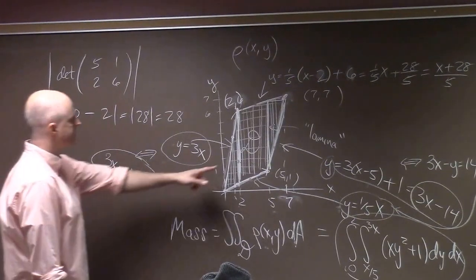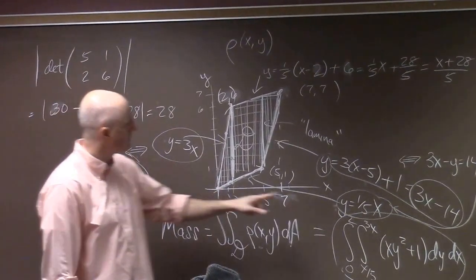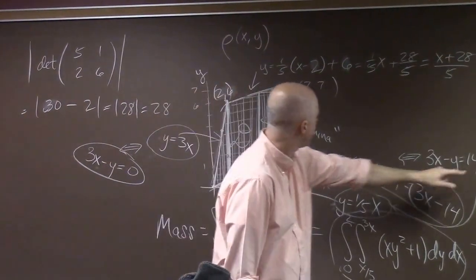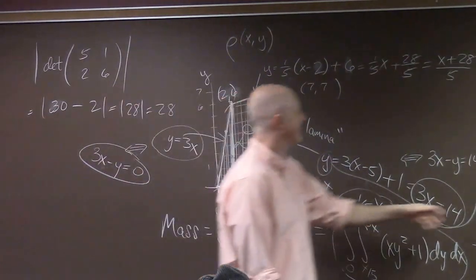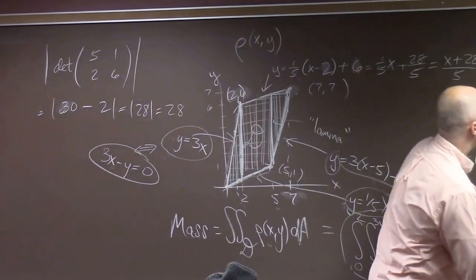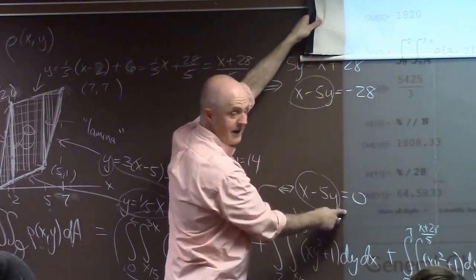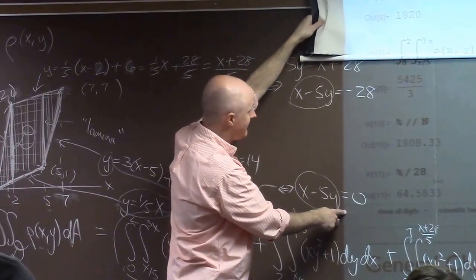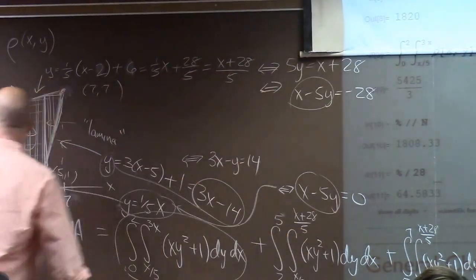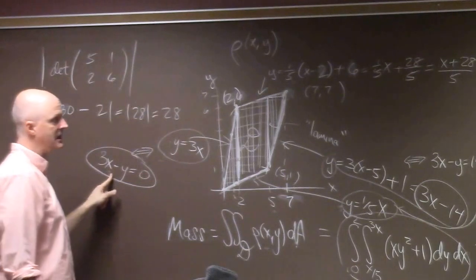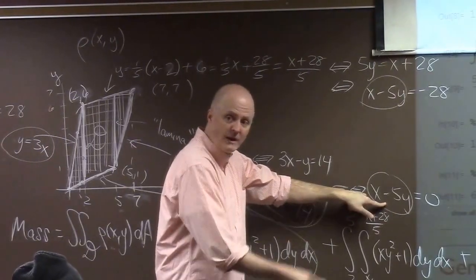Based on the nature of this parallelogram, how we described it as 3x minus y going between 0 and 14, and x minus 5y going between negative 28 and 0, that gives me a hint that probably u should equal 3x minus y, and v should equal x minus 5y, so that u and v go between constants.